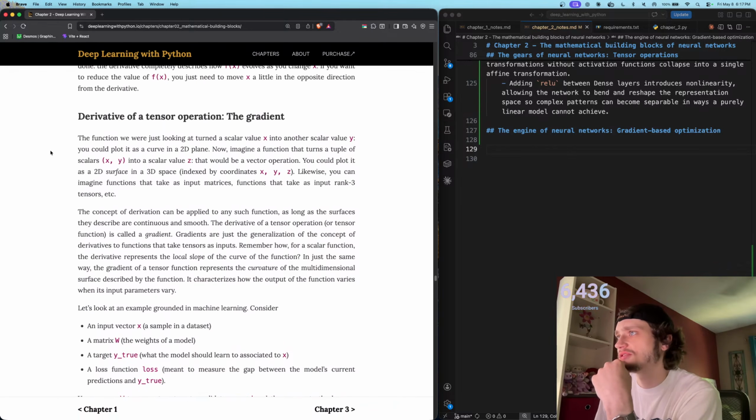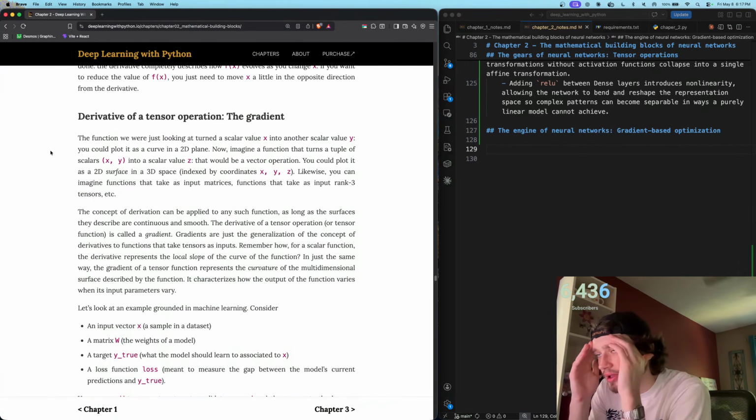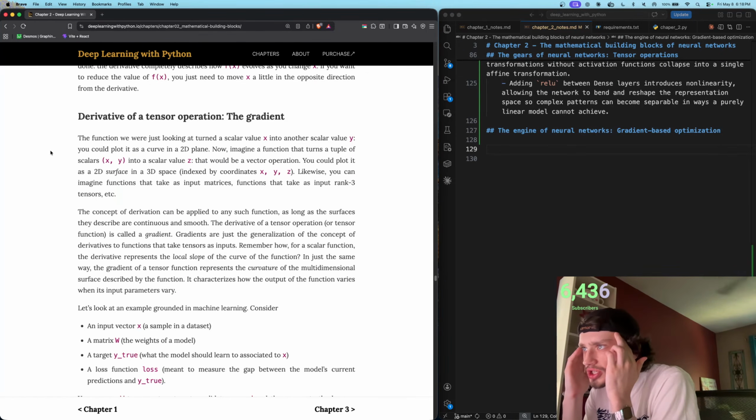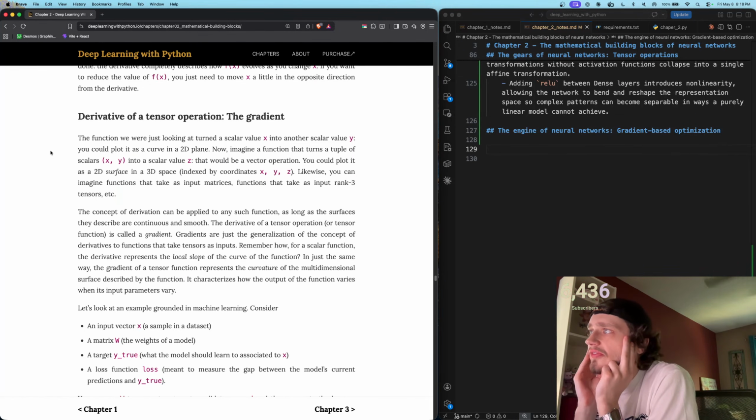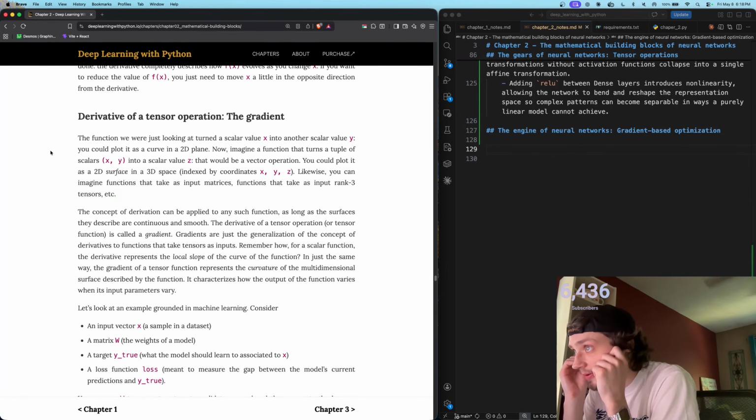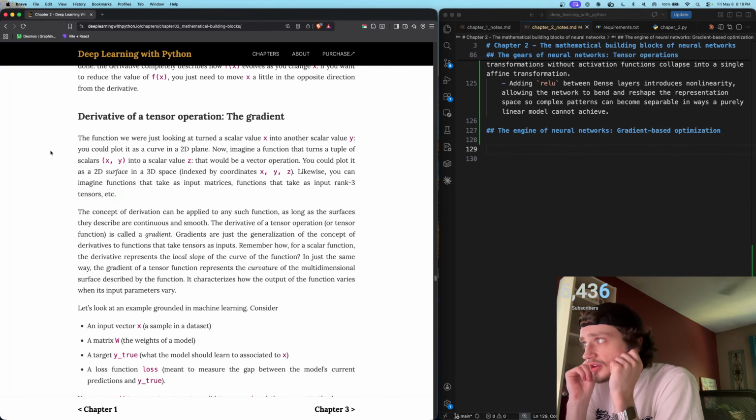Okay, derivative of tensor operation, the gradient. The function we were just looking at turned a scalar value x into another scalar value y. You could plot it as a curve in a 2D plane. Now imagine a function that turns a tuple of scalars, x, y, into a scalar value z.